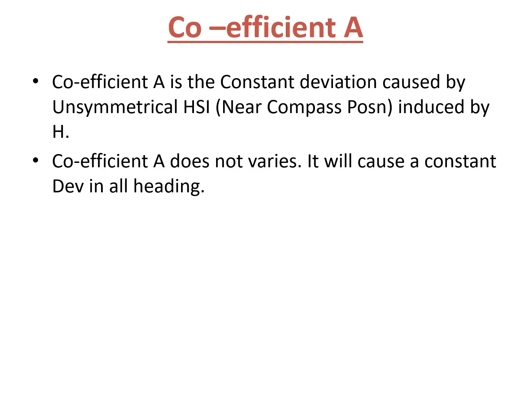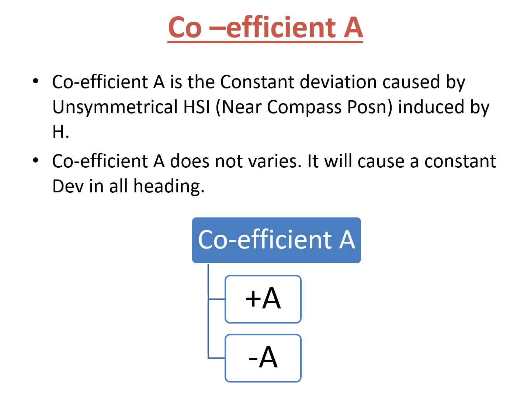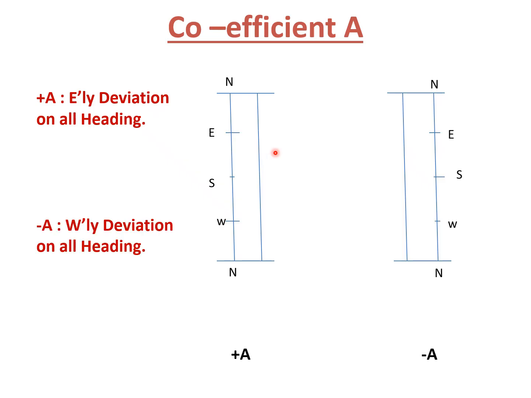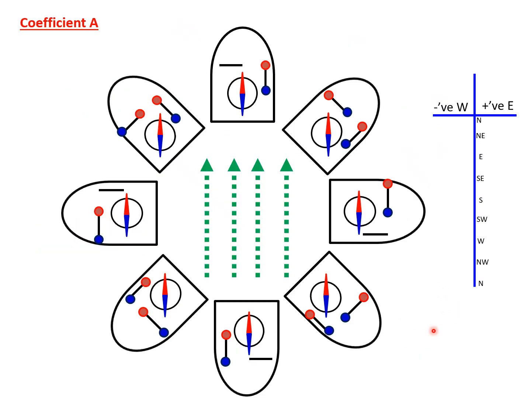So this coefficient A does not vary, and it will cause a constant deviation in all headings. Like the other coefficients, coefficient A also will have plus A or minus A. If we have a constant deviation on the easterly side, we call it a plus A shape, and if we get westerly deviation in all headings, we call it a minus A shape, right?